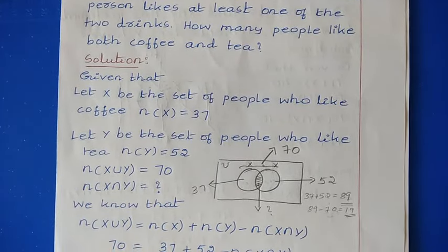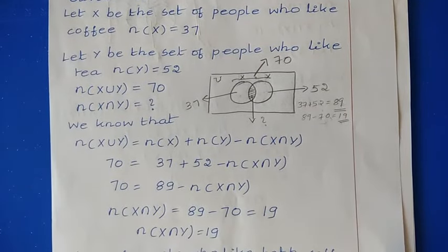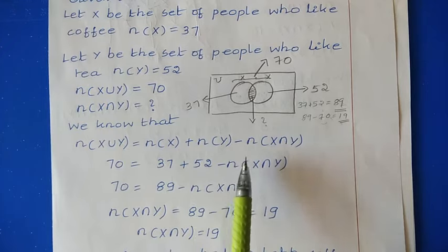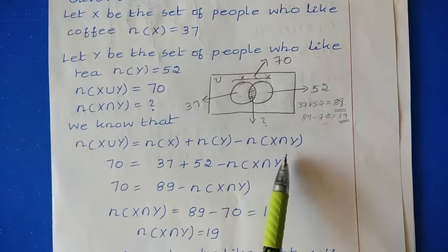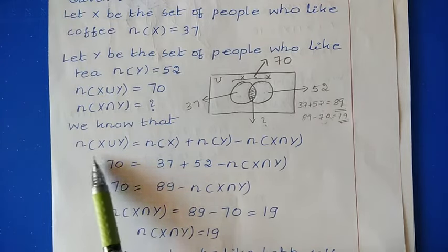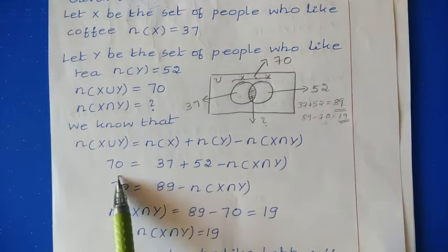Or we can use the formula. The formula is N of X union Y is equal to N of X plus N of Y minus N of X intersection Y. Now let us replace the values. N of X union Y is equal to 70.